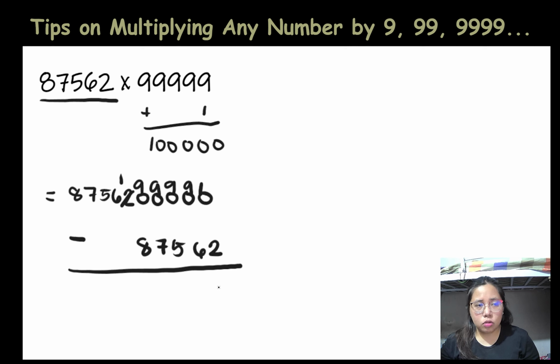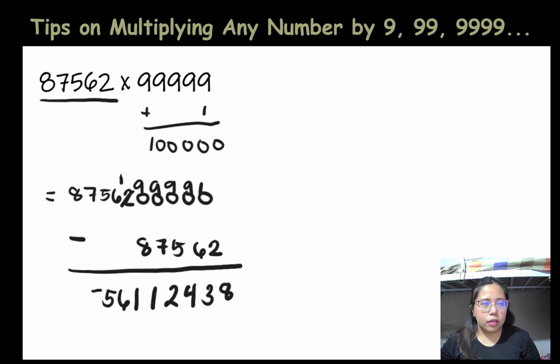So, 10 minus 2 will get 8. 9 minus 6 is 3. 9 minus 5 is 4. Okay, 9 minus 7 is 2. Okay, 9 minus 8 is 1. Tapos, baba lang natin yung mga nandito. So, that's 1, 6, 5, 7, 8.